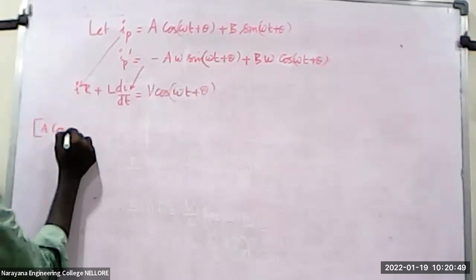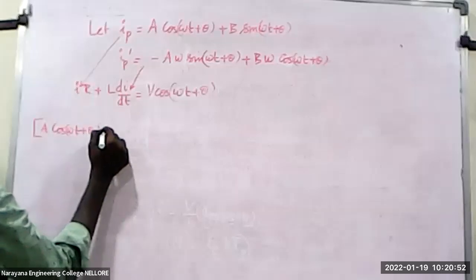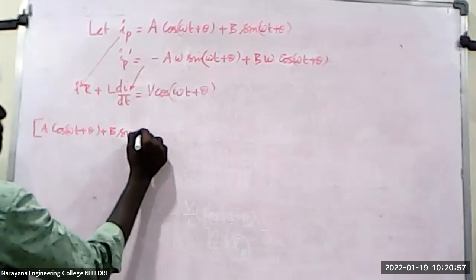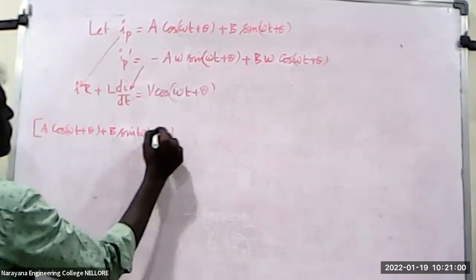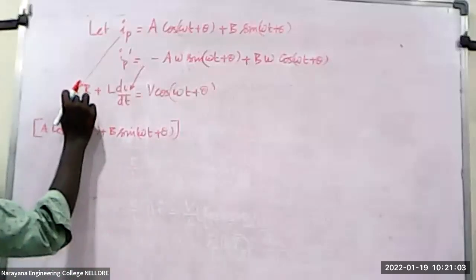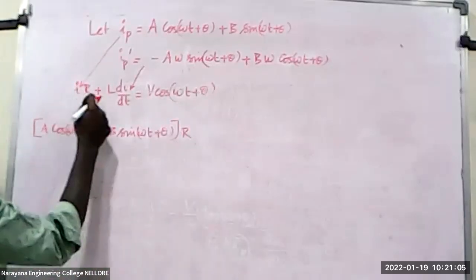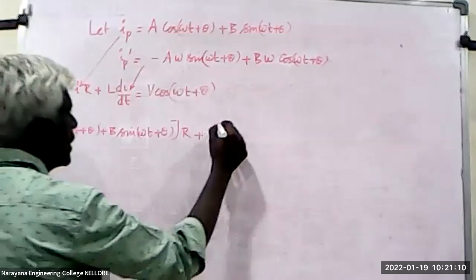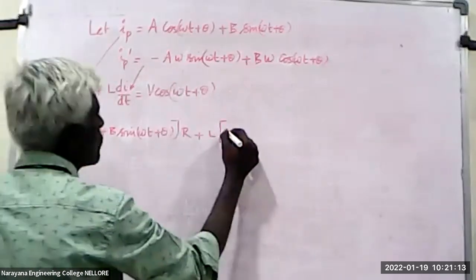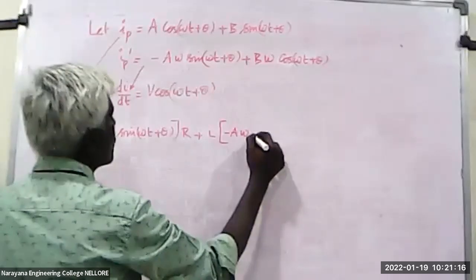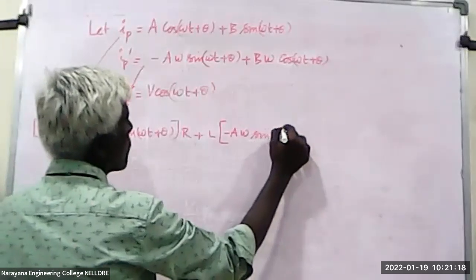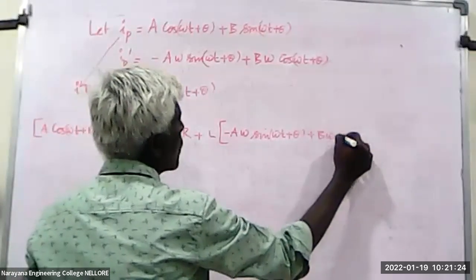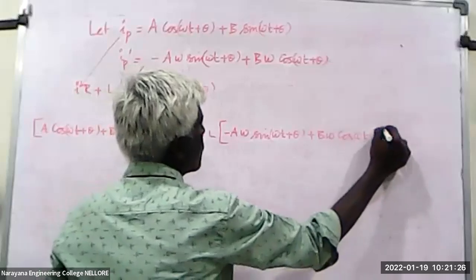A cos(ωt + θ) plus B sin(ωt + θ). What is this? This is simply multiplied with R because it is IR plus L into the derivative of this one, that is minus A ω sin(ωt + θ) plus B ω cos(ωt + θ).